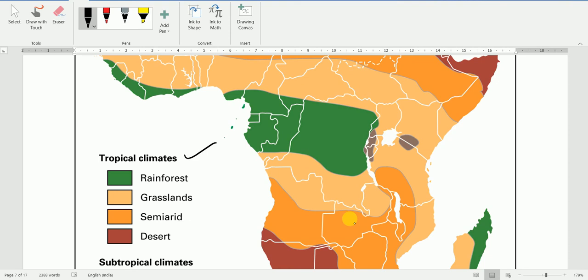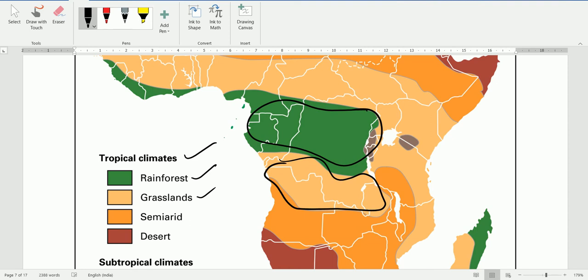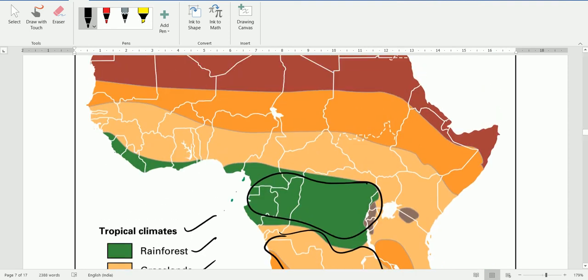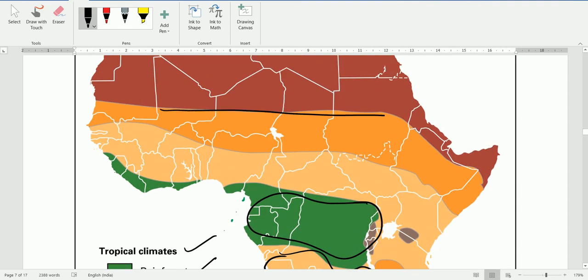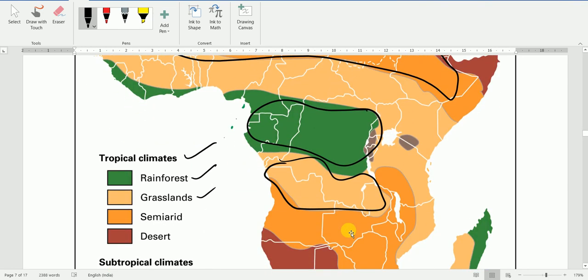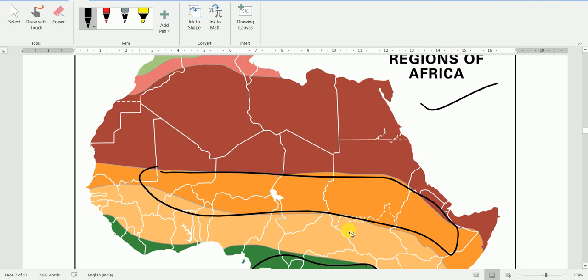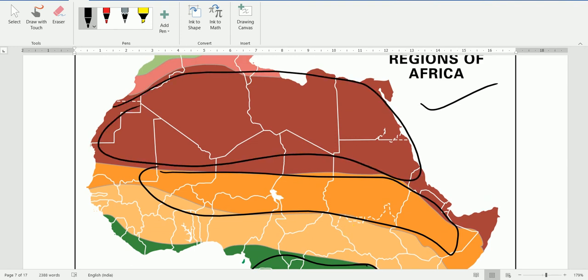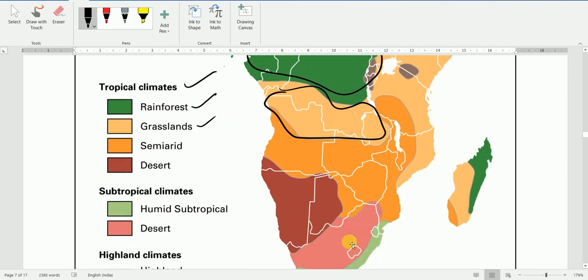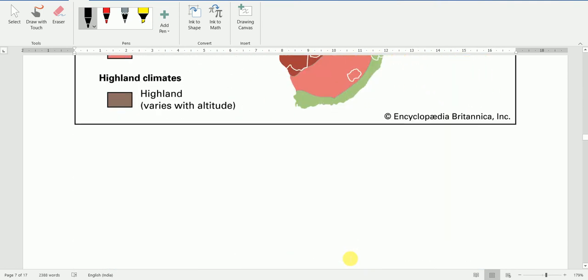Tropical climates: here, green color represents rainforest, then this light orange, for example, grasslands. Here, the dark one is semi-arid, that means semi-desert. Then the red one is desert. So this is an example of climatic maps.